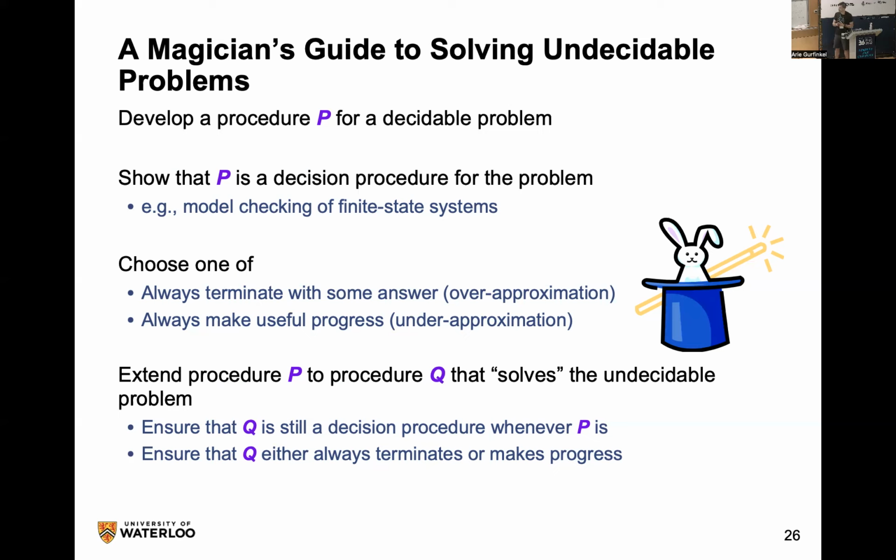That's under-approximation. Make one of those choices. And then we build a procedure Q that tries to be like P on decidable fragments, and then tries to do something better on the undecidable. So in the case of Spacer, P is the IC3 decision procedure, and Q is the Spacer procedure that we do.